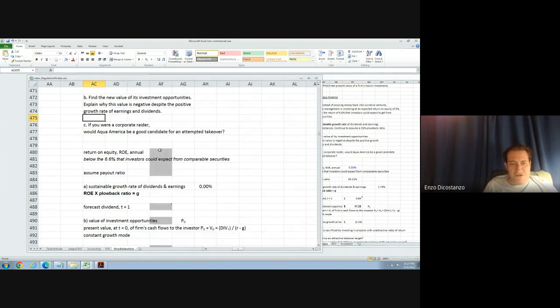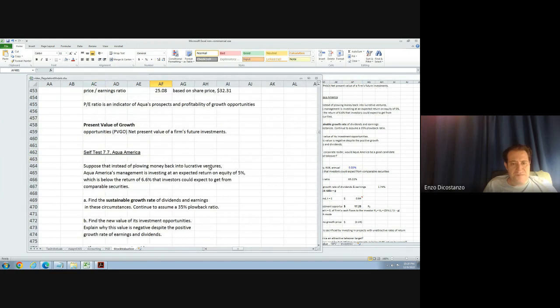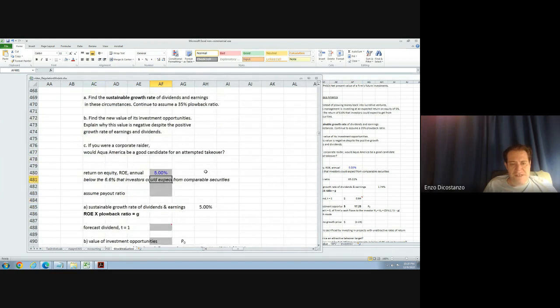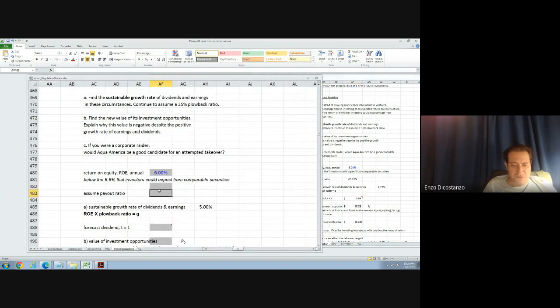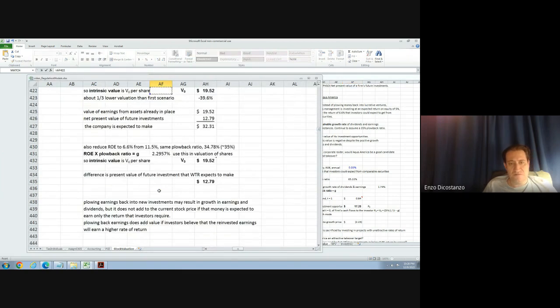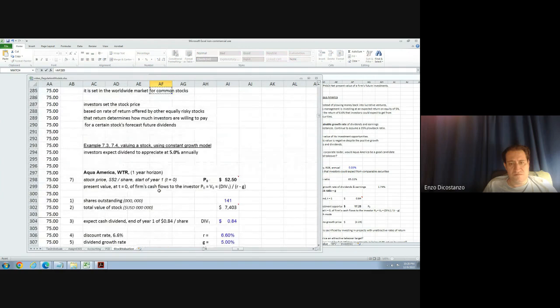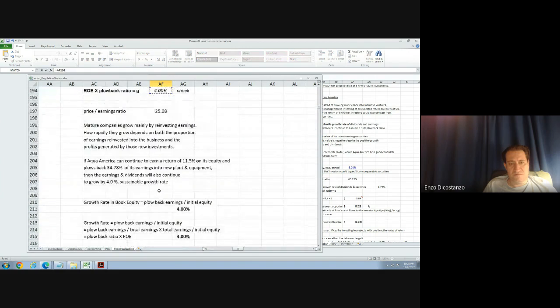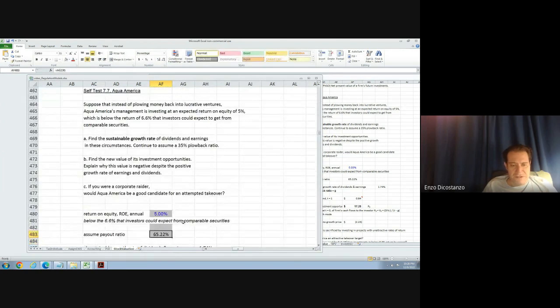Oh, okay. So your ROE is 5%. Yeah, expected return on equity 5%. And assume the payout ratio of 65.2. There, we referenced the previous problem.